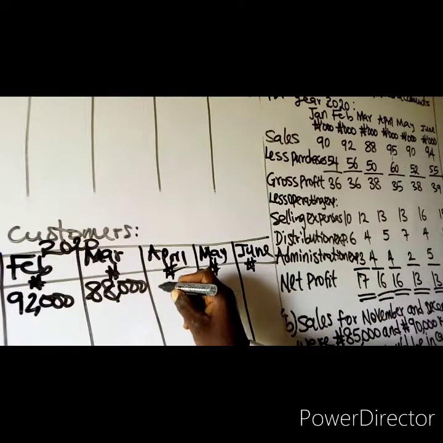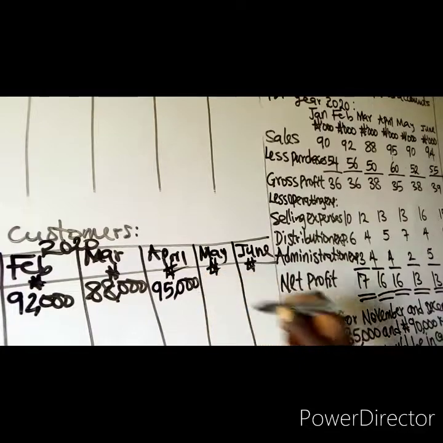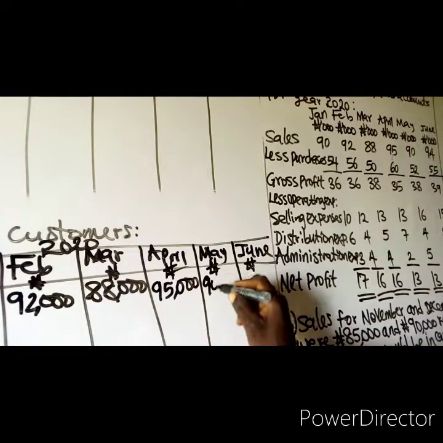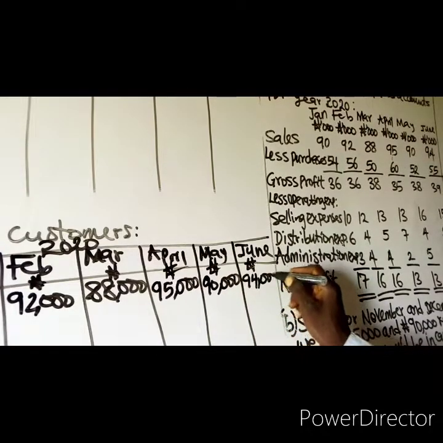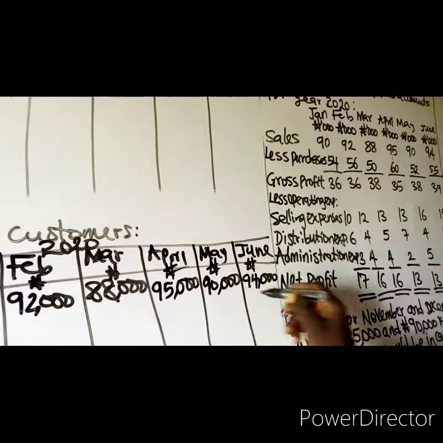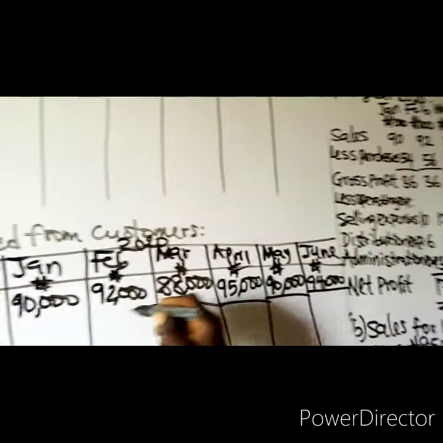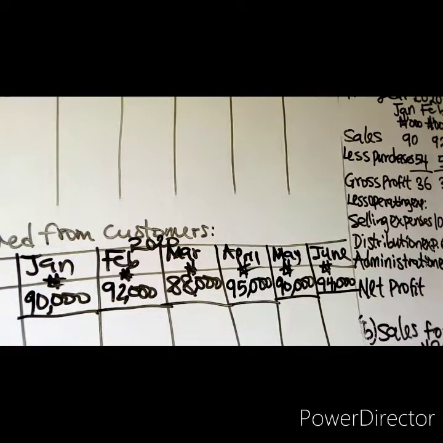Then April 95,000, May 90,000, and June we have sales of 94,000. After that, transactions will be entered in the cash budget when there are receipts or payment of cash.